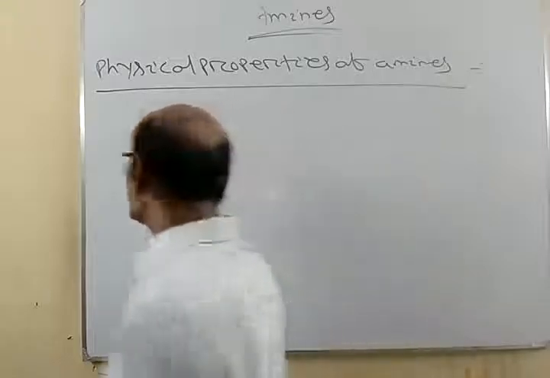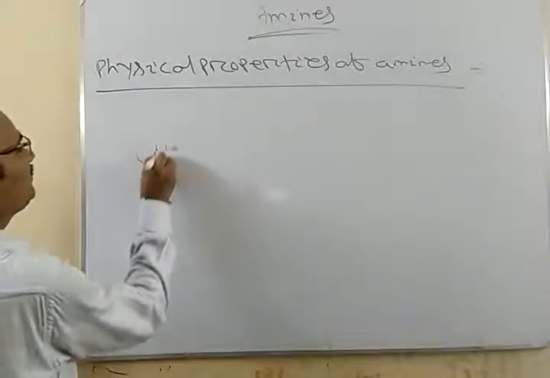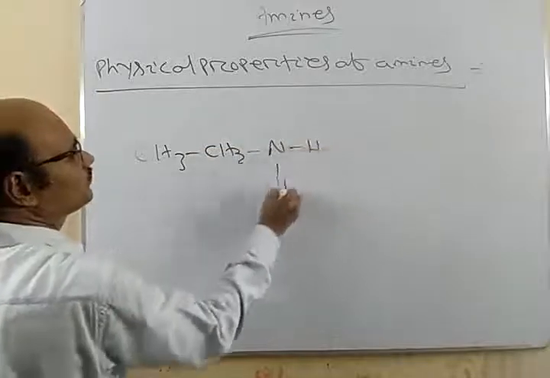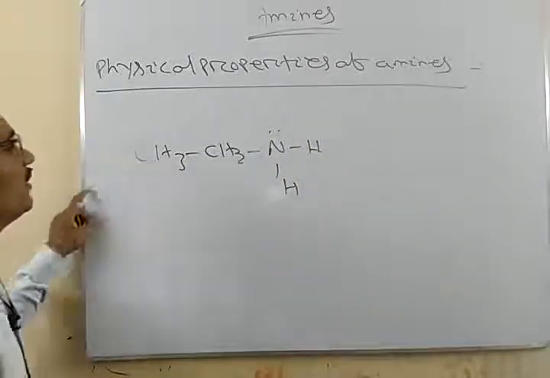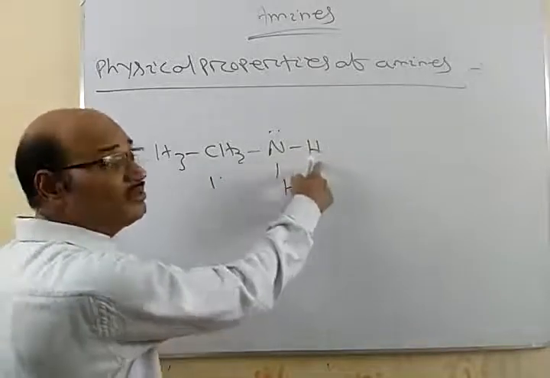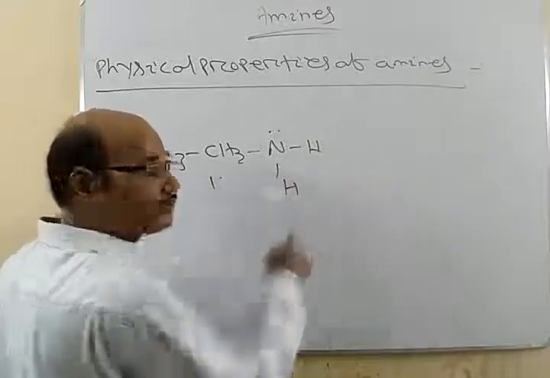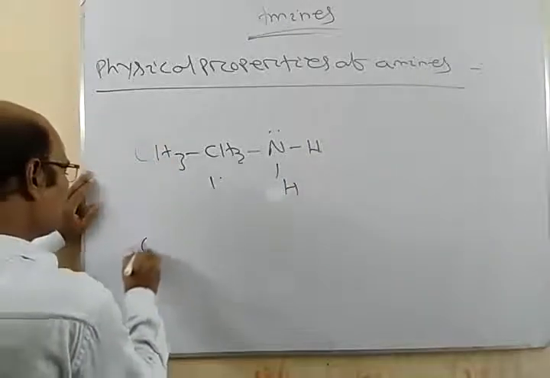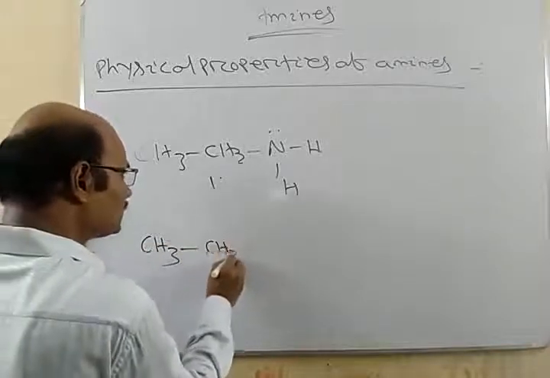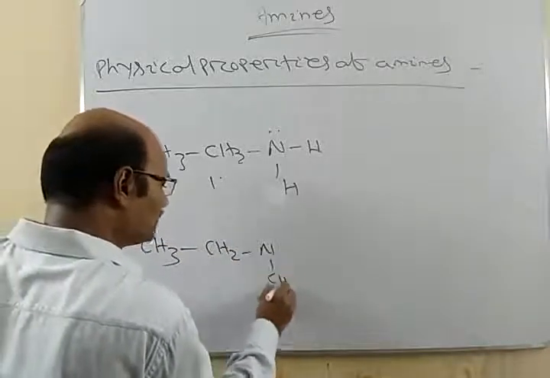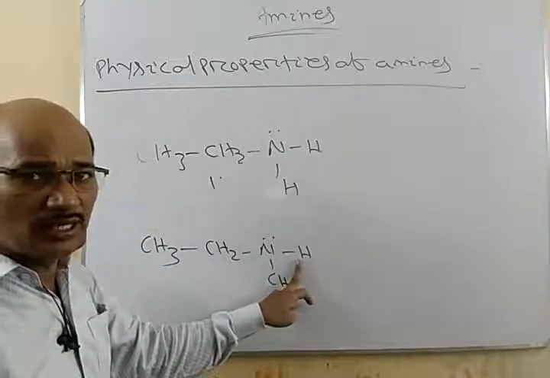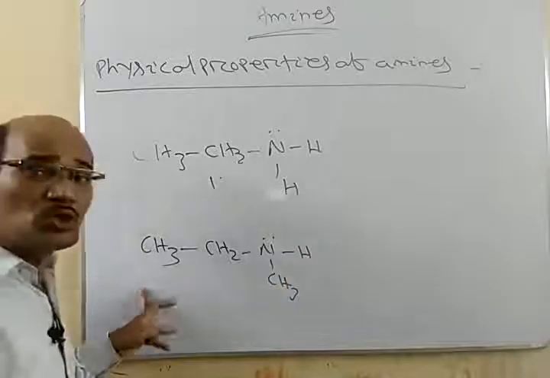See, if I take CH3CH2NH2, this primary amine has two hydrogens on the nitrogen atom to form hydrogen bonds. But if I take CH3CH2NHCH3, here we have only one hydrogen atom, and tertiary means no hydrogen atom.